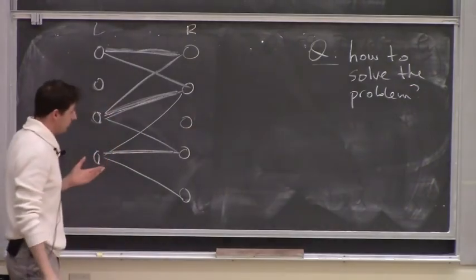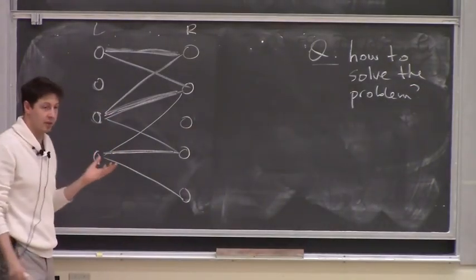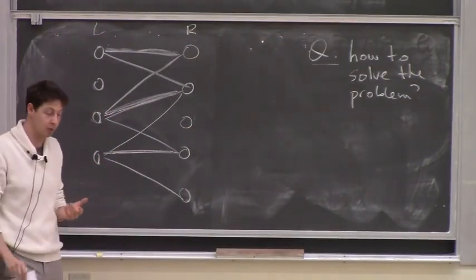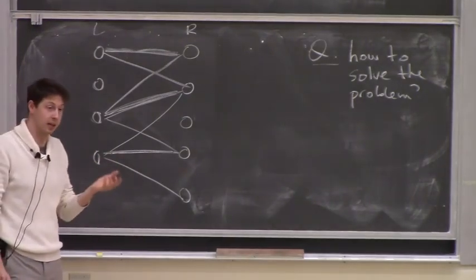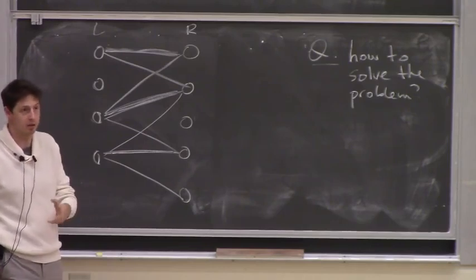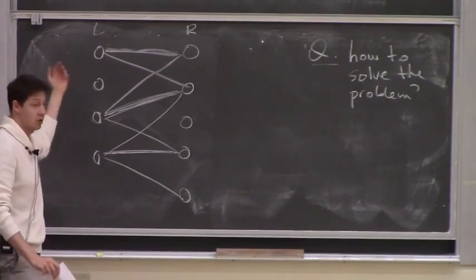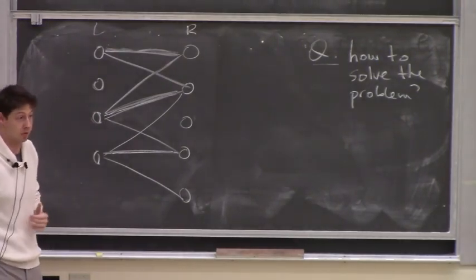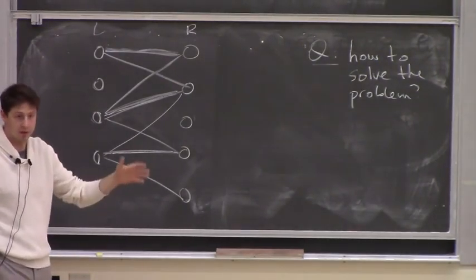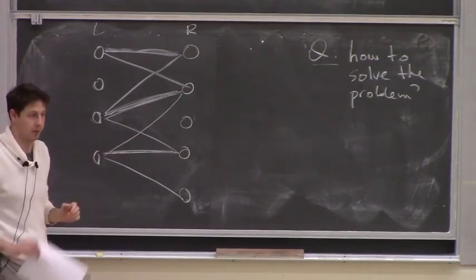By now, when you ask yourself this question, you open up your bag of tools and you say, well, could it be a linear program? Could it be a recursive, divide and conquer? Could it be a greedy algorithm? Maybe it's reasonable, just throw in edges until you get stuck. Or maybe do a dynamic programming solution. And here we could get lost for a while thinking about what to do.